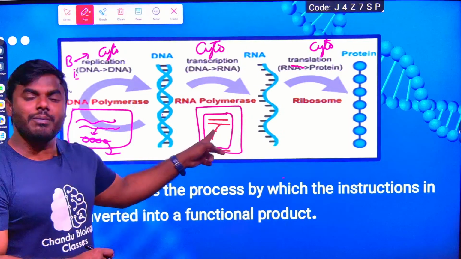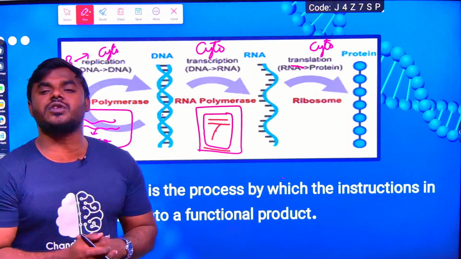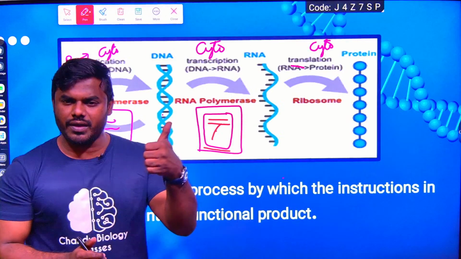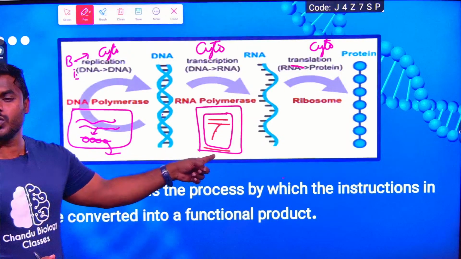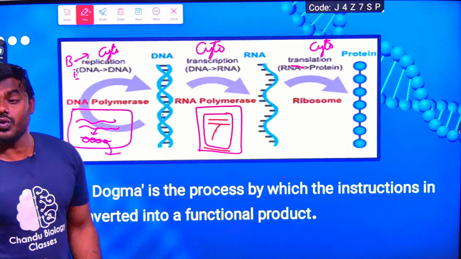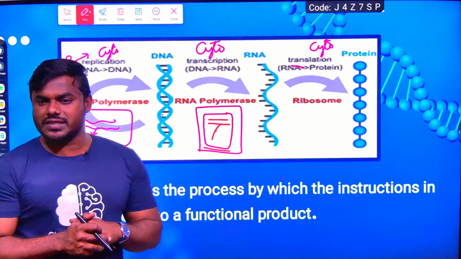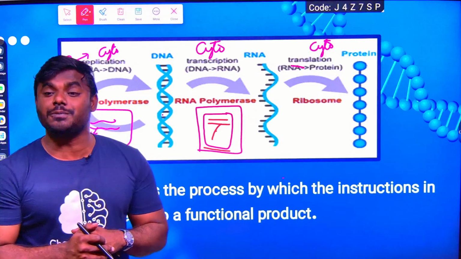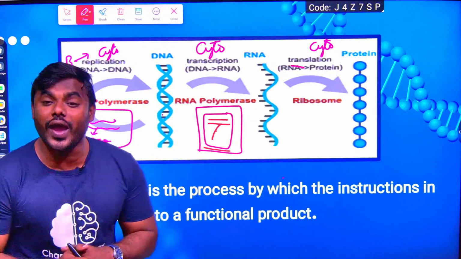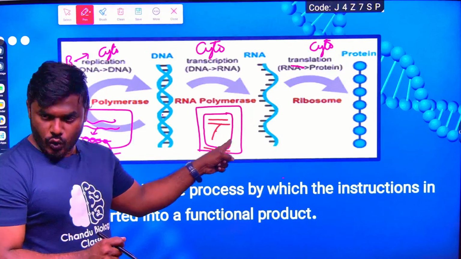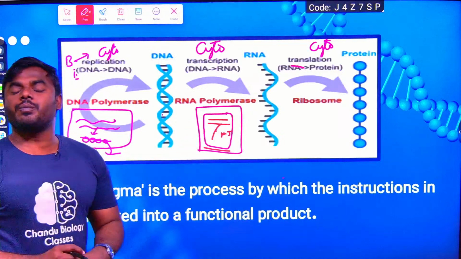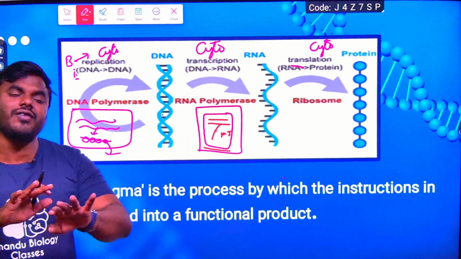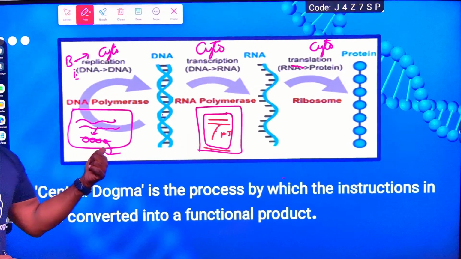So in order to make it active, we have to do some processes like capping, polyadenylation and splicing. Then only it enters into the cytoplasm. So what is that process called? Post-transcriptional processes, which happen within the nucleus. Post-transcriptional processes never ever happen in prokaryotes.